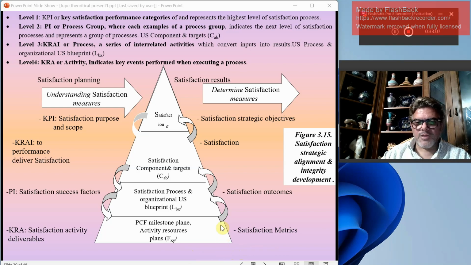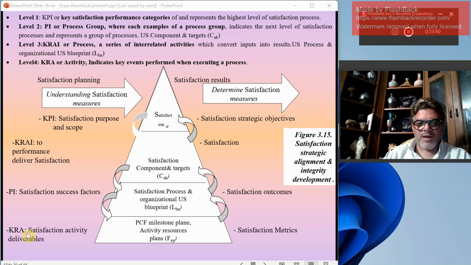Okay, so I will gather the 0 and 1s. I put it in the satisfaction metrics of the process classification framework milestone plan activity resources plans. And then I'm gonna do some mathematical evaluation to put them in a higher category. Okay, so satisfaction measures, or let's say key result area satisfaction metrics, will give me key result area indicator satisfaction outcomes.